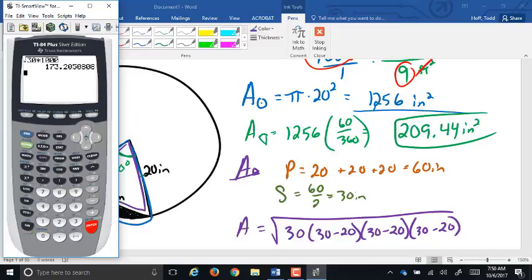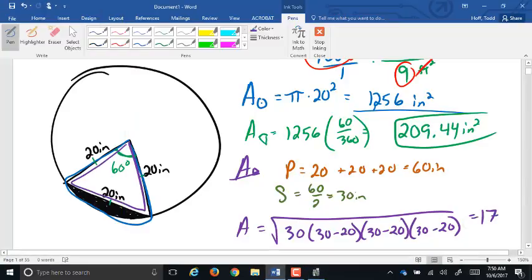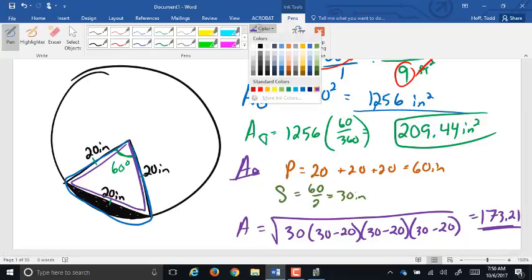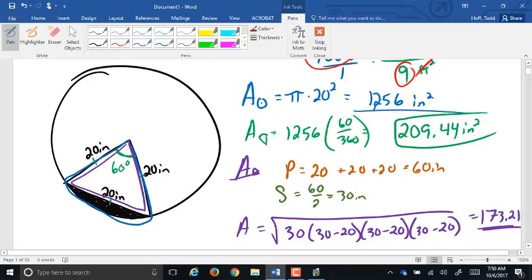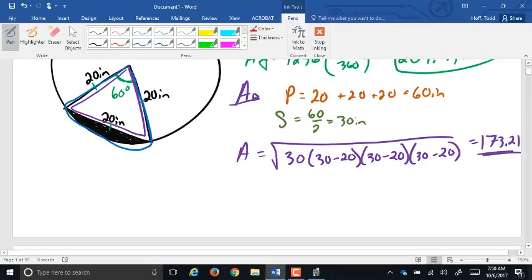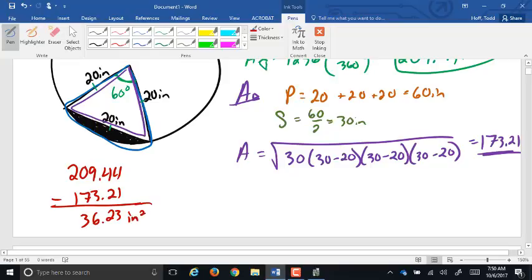You get 173.21. So 173.21 square inches is the area of that triangle. So the area of our segment there is 209.44 minus 173.21, which is 36.23 square inches.